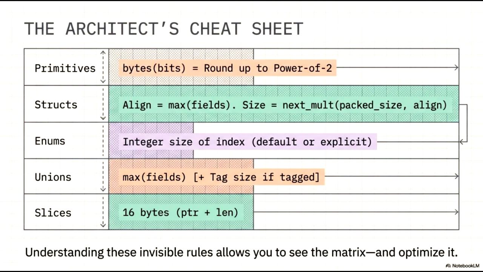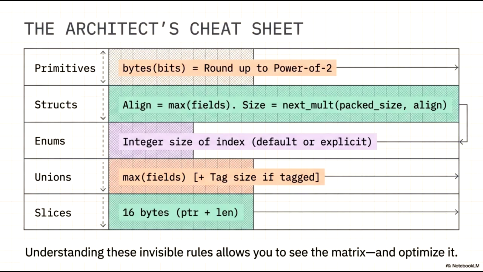To optimize system performance, one must understand the underlying rules of memory layout. Starting with primitives, their size in bytes is calculated by rounding the bit count up to the nearest power of 2. For structs, the alignment is determined by the maximum alignment of its constituent fields, and the total size is the packed size rounded up to the next multiple of that alignment.